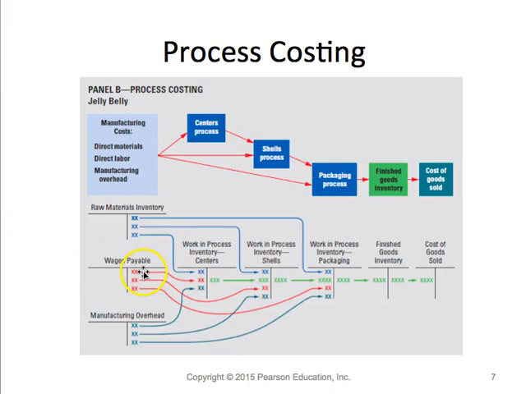And the wages payable, because you're having people work in each step, and wages are paid in each step, so you're going to have a cost for wages in each process. Manufacturing overhead is the same thing. You're going to have manufacturing overhead for the first process, second process, and the third process. And everything's the same here because we transfer this last step of the cost into the finished goods inventory, and then when sold, we transfer into the cost of goods sold.